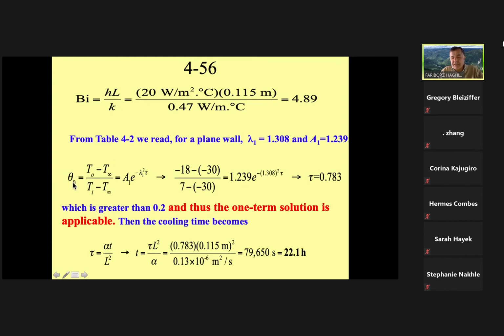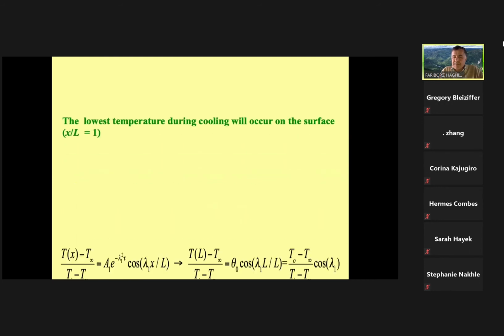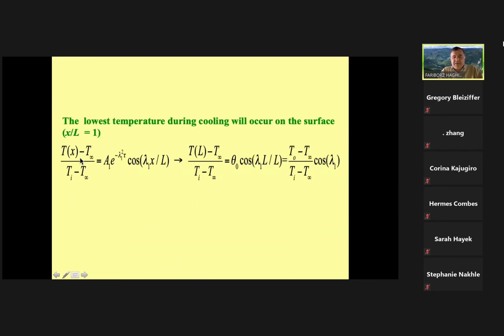This 0 here gave you the temperature at the center, -18. We have another equation, a little bit more expanded than this one, that gives you the temperature at any point x, at the surface, at 16 centimeters, 14 centimeters, every point, okay? If you open your textbook and check, that is the equation you have. It gives you the temperature at any point, and this becomes this plus this one.